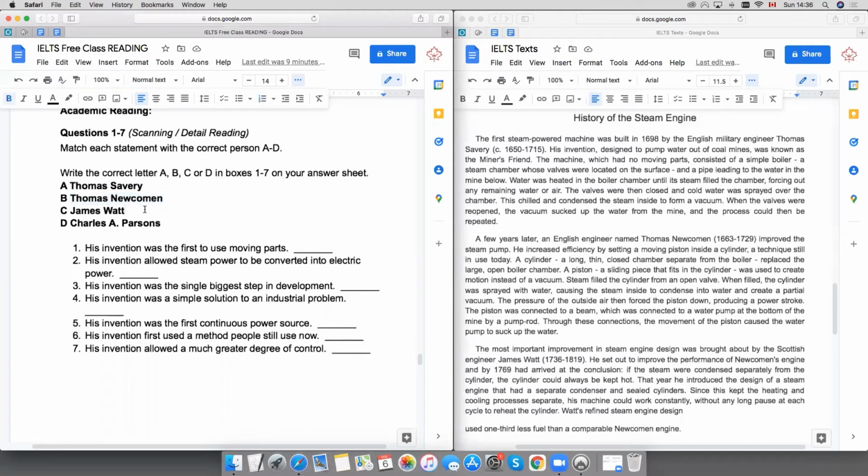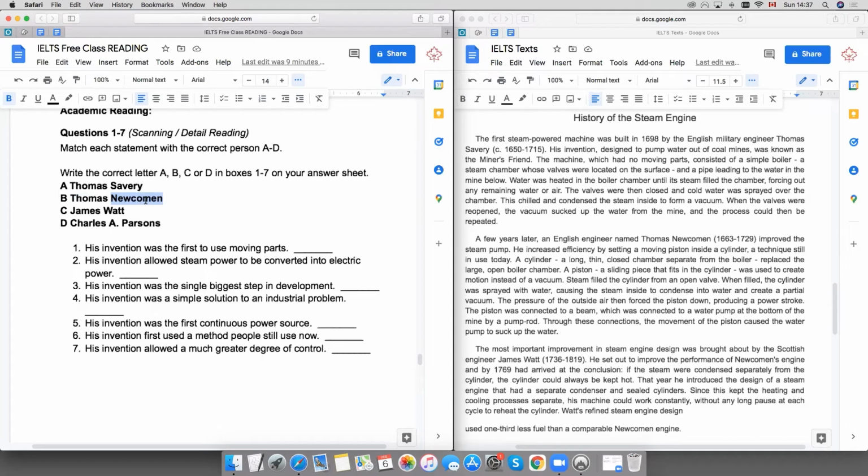Anytime that you can use a name as a keyword, it's the same idea as using a number as a keyword. It should be so obvious inside the text, so why not use that first? Let's say we want to focus on Thomas Newcomen first. We are going to probably not focus on Thomas, but we will use Newcomen because there are situations where they will only use the last name.